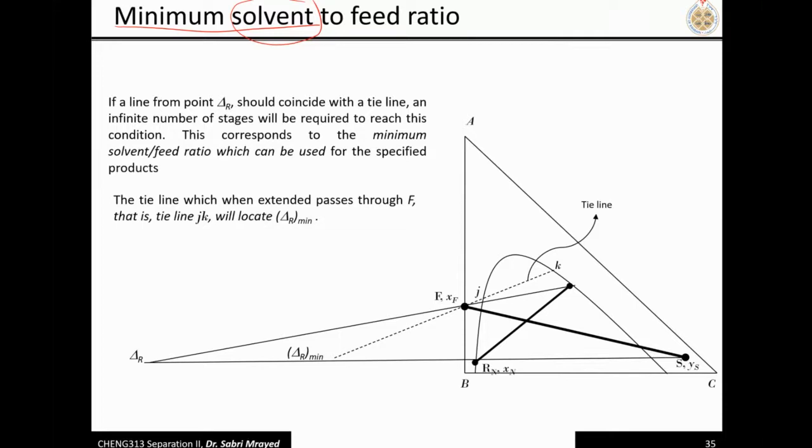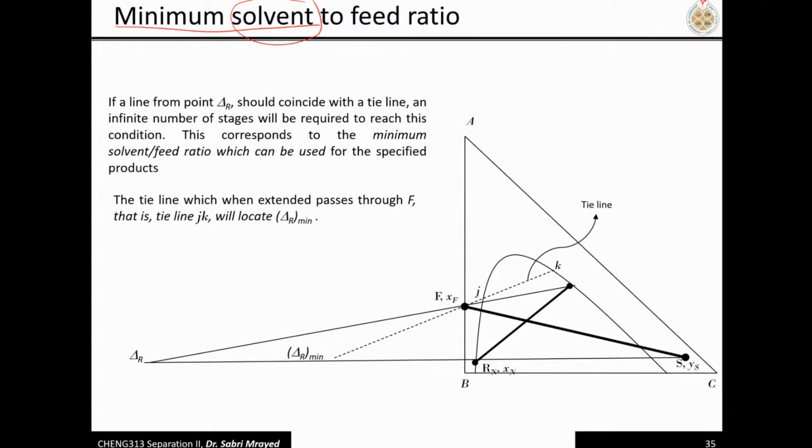So we want to minimize the solvent quantity needed, but at the same time, we don't want to make it too much minimum. We want to know the limitation of my process. Where exactly can I start the minimum solvent? What is the exact minimum number of moles or kilograms of solvent needed for this specific process?